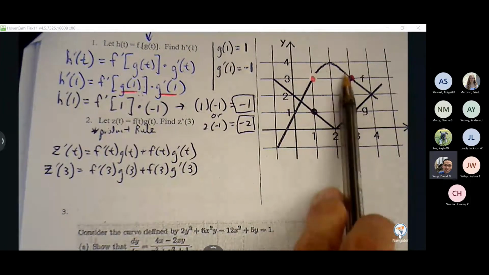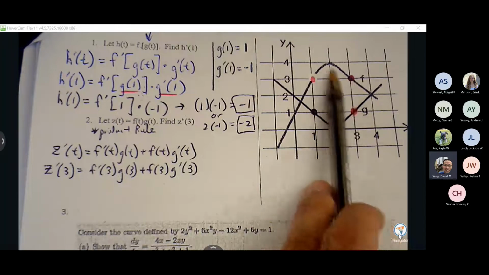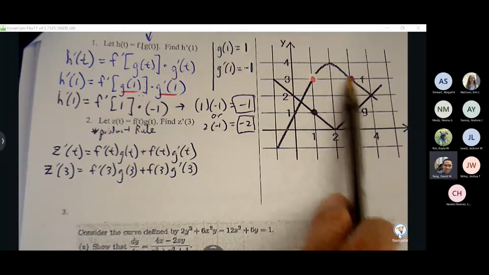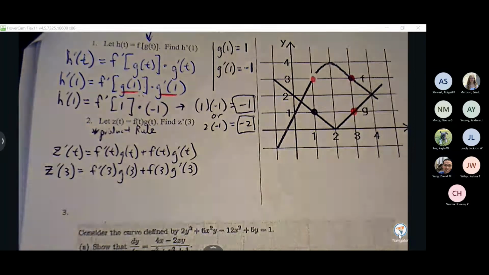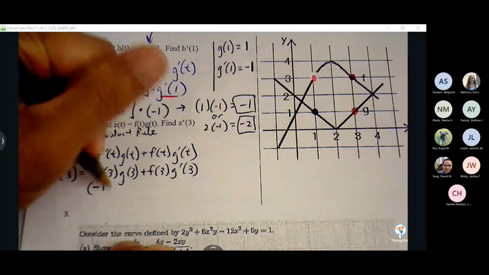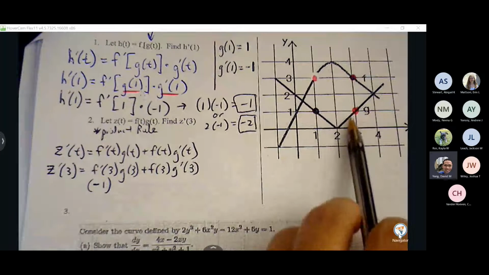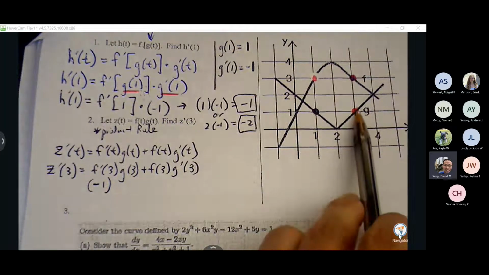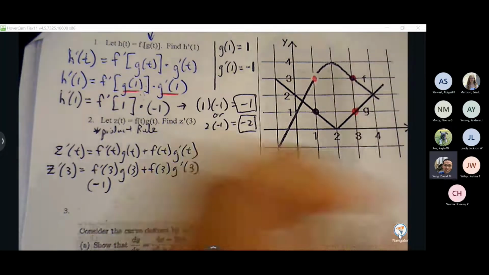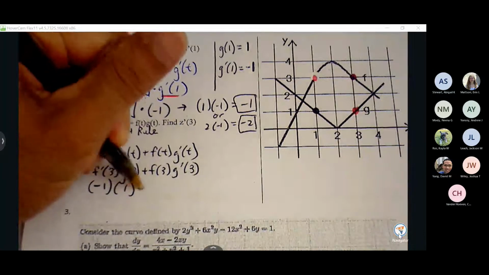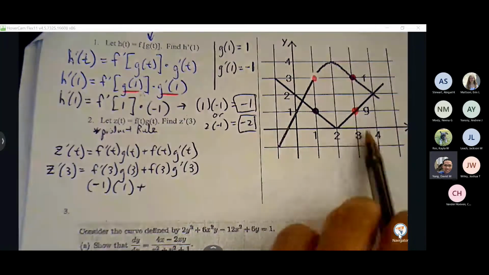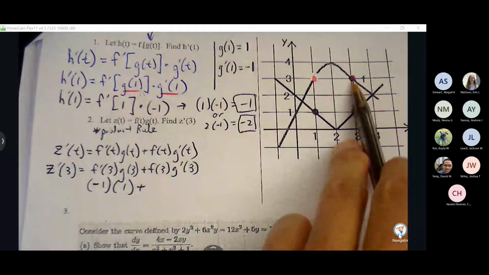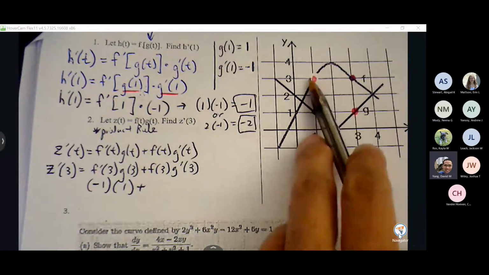So f prime of 3, that's the slope of the f graph at 3. Slope of -1. Okay, g of 3, we're now looking for the y value of the g graph at 3, which is 1. F of 3 is 3.